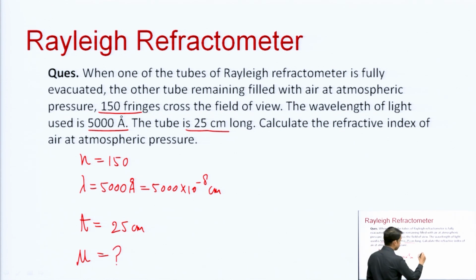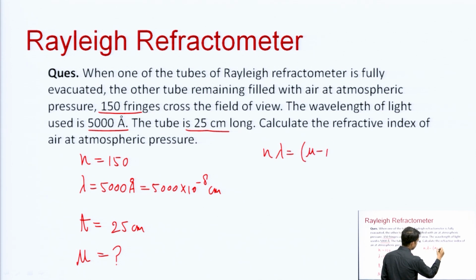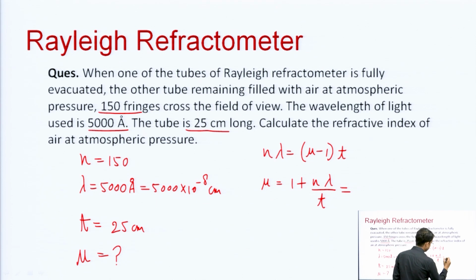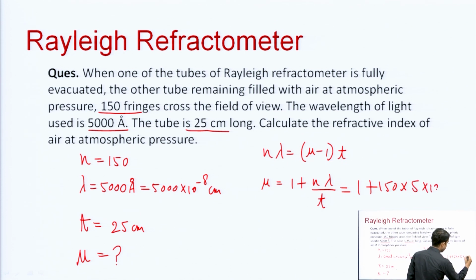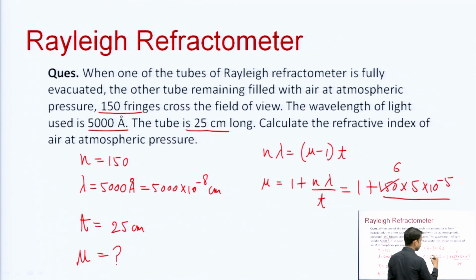We know the formula for Rayleigh's refractometer. Okay. So, what is mu? Mu is equal to 1 plus 150 into 5 into 10 to the power minus 5 divided by 25. Okay. So, this is 0.00030.